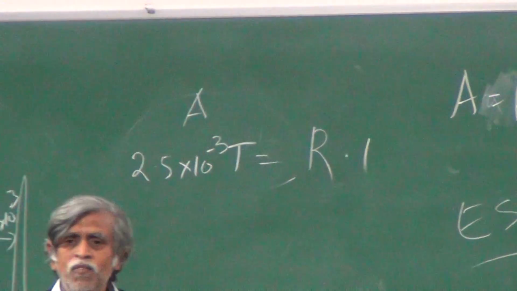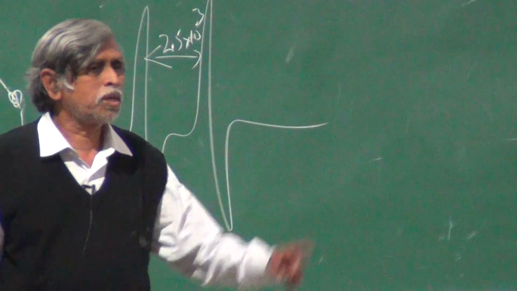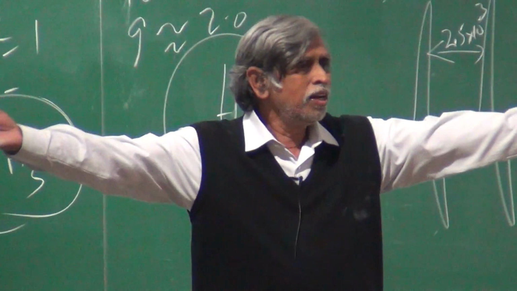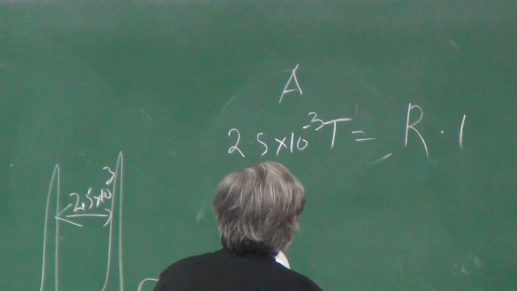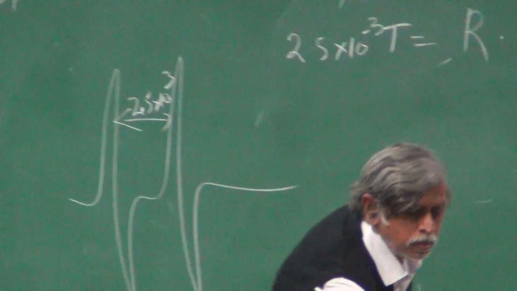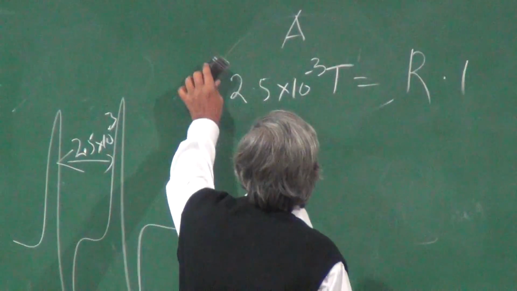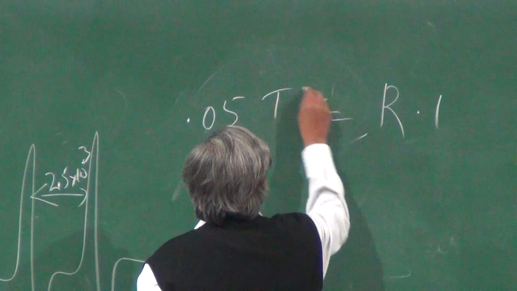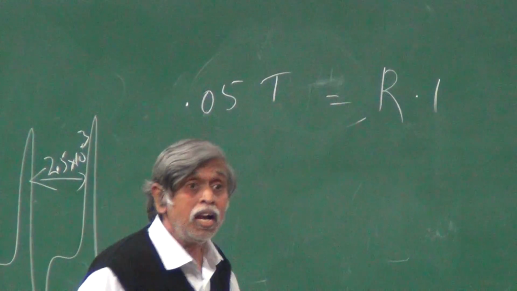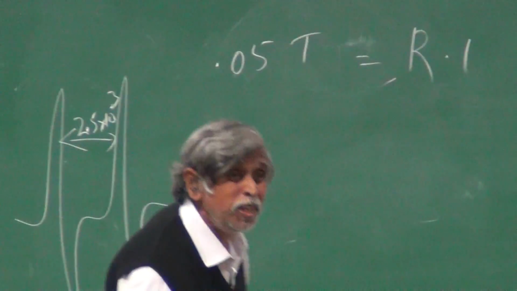So what does R therefore become equal to? The constant which couples these two. I think it's 5 millitesla, not 2.5. I think it's 0.05 Tesla. So therefore R actually turns out to be 0.05 Tesla.